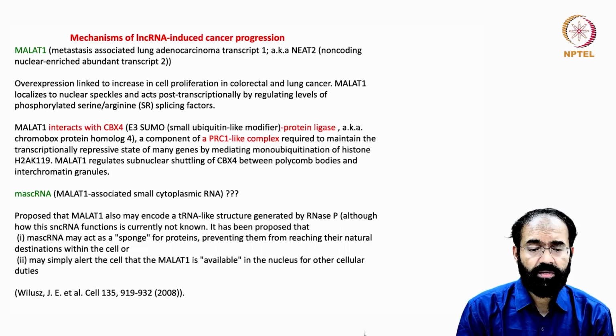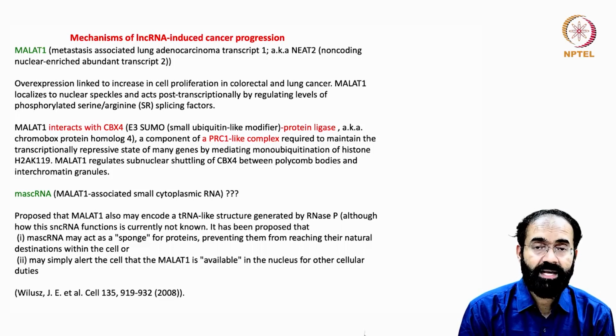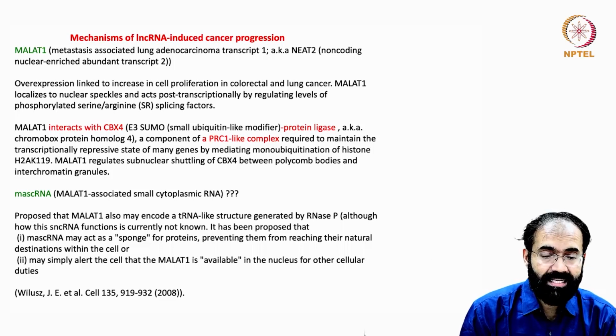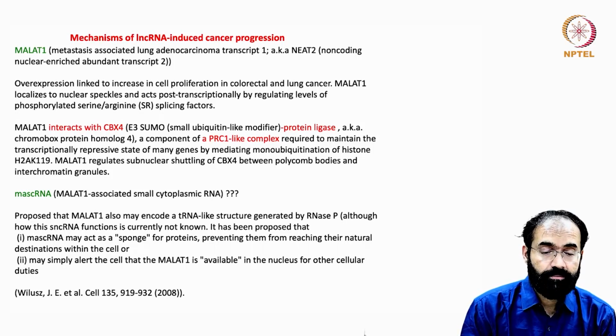CBX4 is a SUMO protein ligase, also known as chromobox protein homolog 4, which is a component of the PRC1-like complex, not the actual PRC1, that is required to maintain the transcriptionally repressive state in many genes by mediating the monoubiquitination of histone H2A lysine 119, H2AK119.